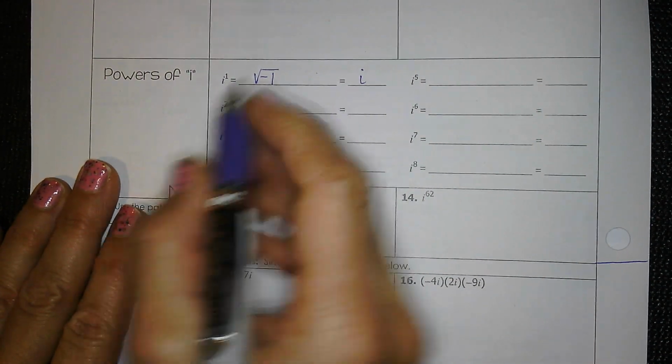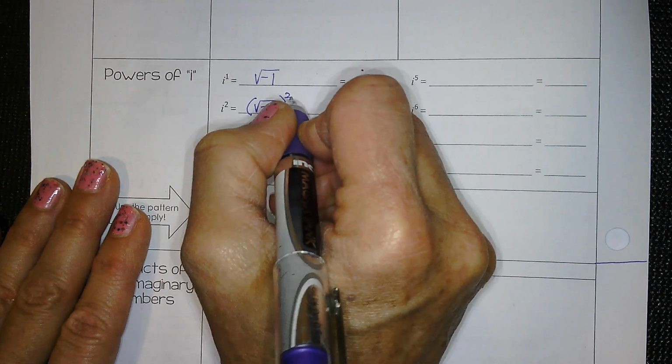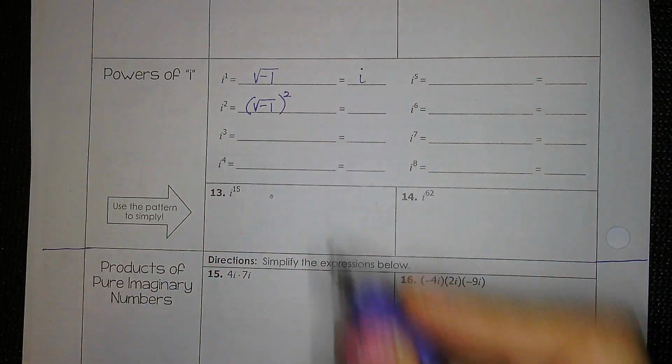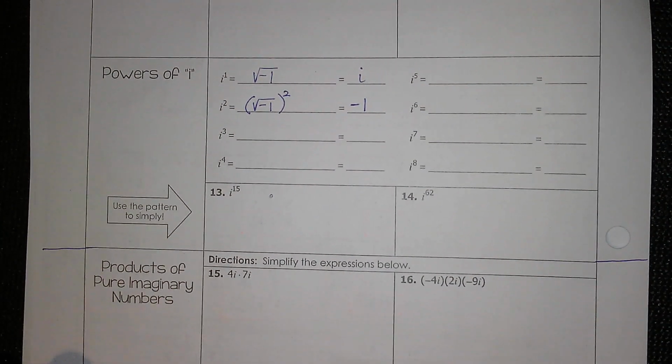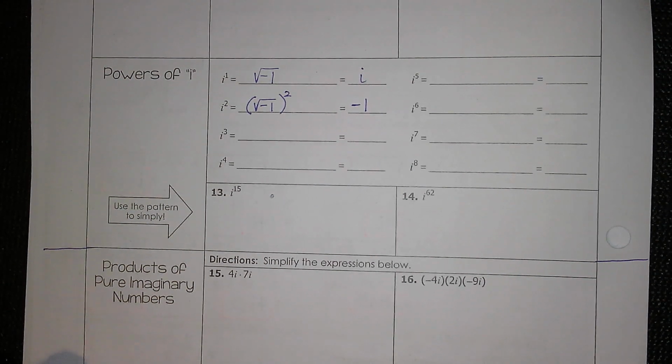If you square it, when you square a square root, what happens? It cancels out, and you're left with what's inside, which is -1, which is a real number. It's like a real boy. Pinocchio reference. So i times i is -1.